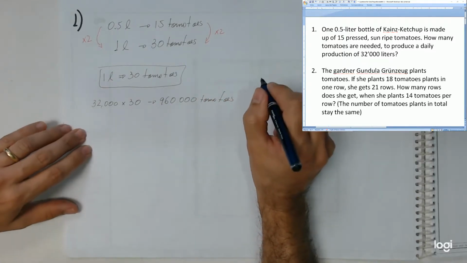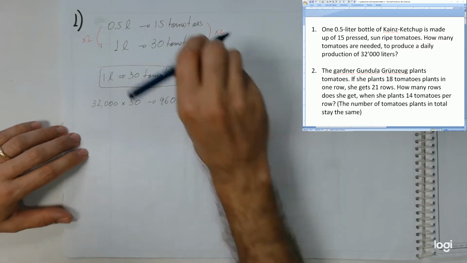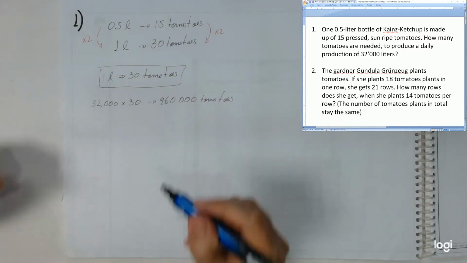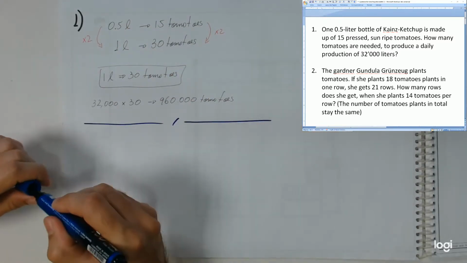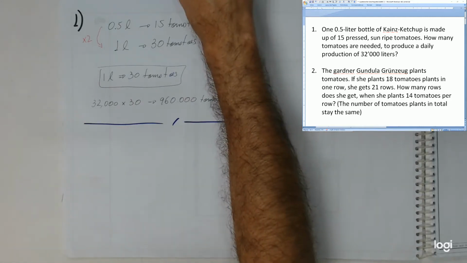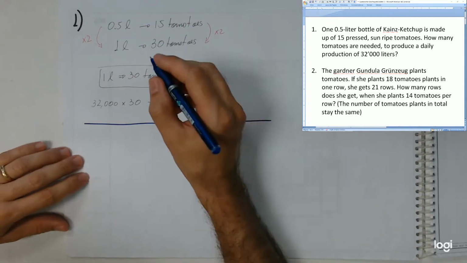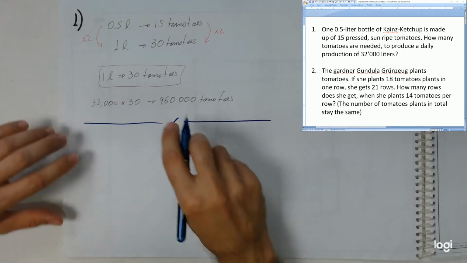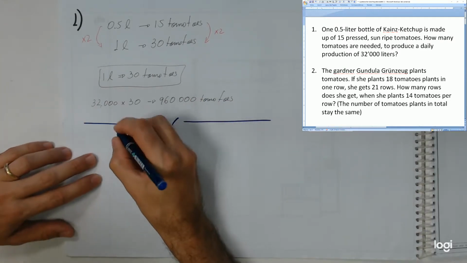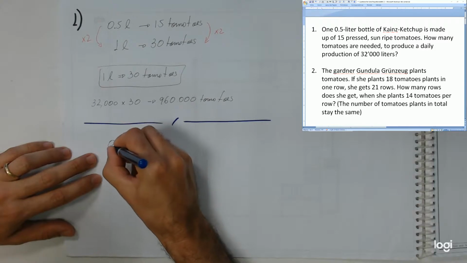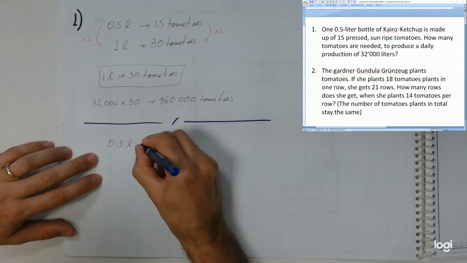Now, there is also another way to solve this question, okay? We have several ways. It is very similar, but I'm just going to present it. Let's go straight for the answer. So we start with 0.5 liters.